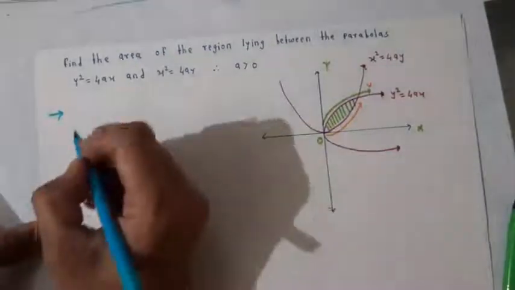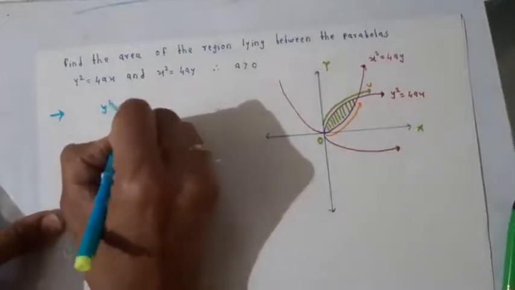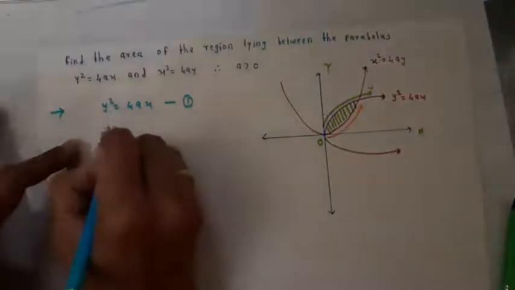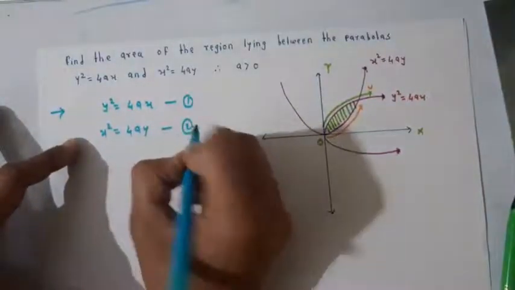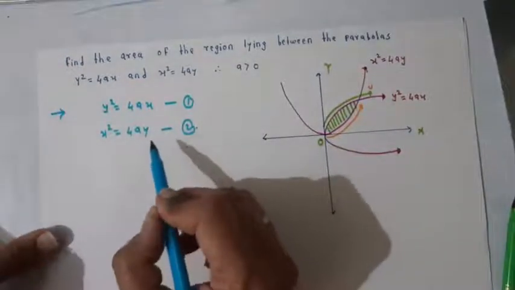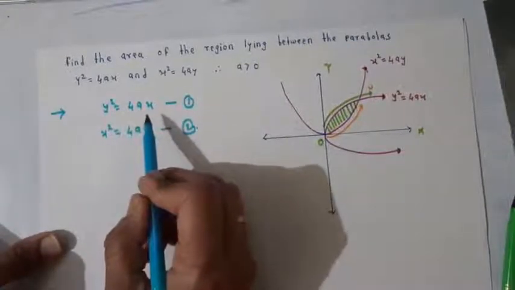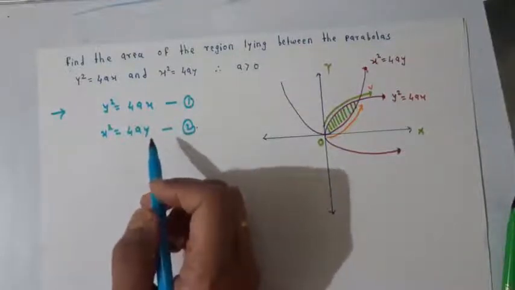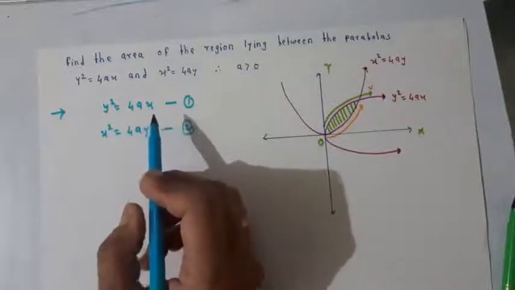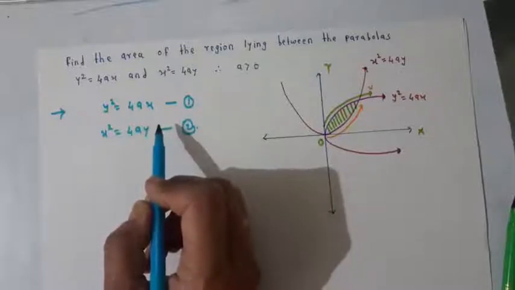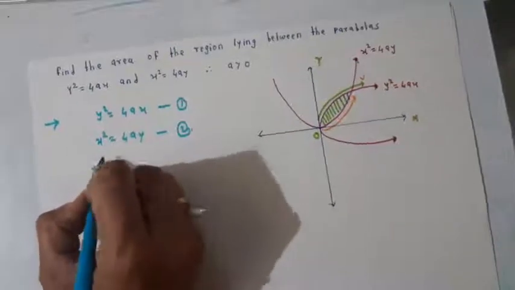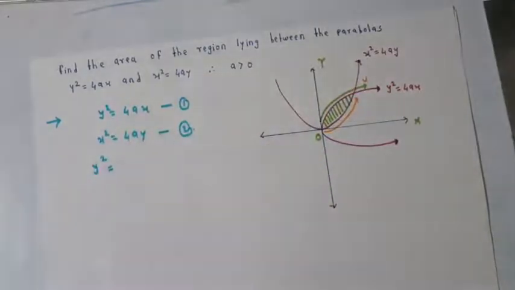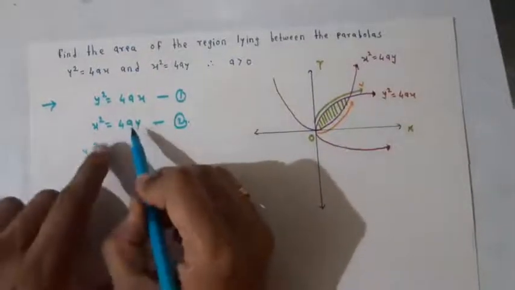Now we have two equations: y square equal to 4ax, this is the first equation, and x square equal to 4ay, this is the other equation. So from equation 2, put the value of y in equation 1.